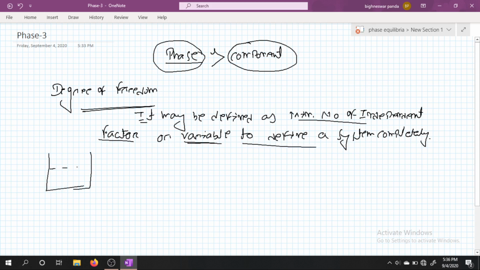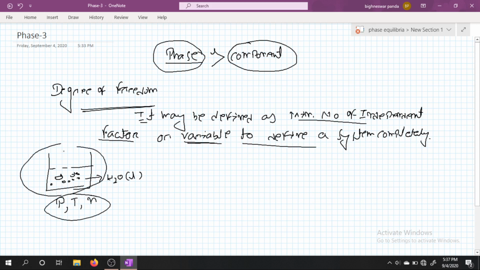Let us consider water present in a liquid state. In order to define a system, the variables are pressure, temperature, number of moles, etc. So what is the minimum number of variables I need to define a system, that is water, liquid?